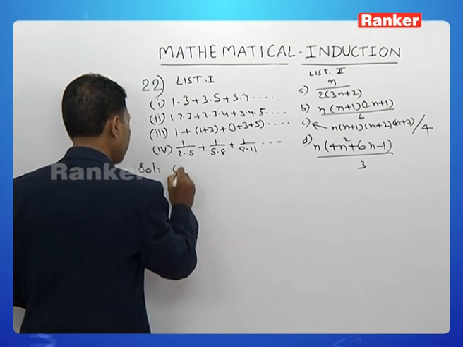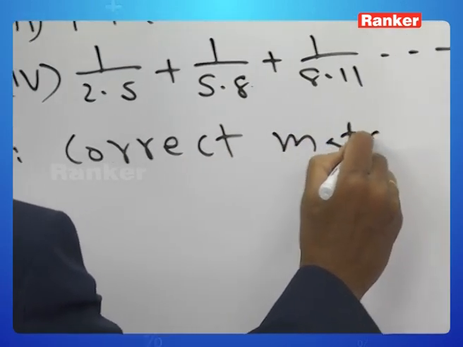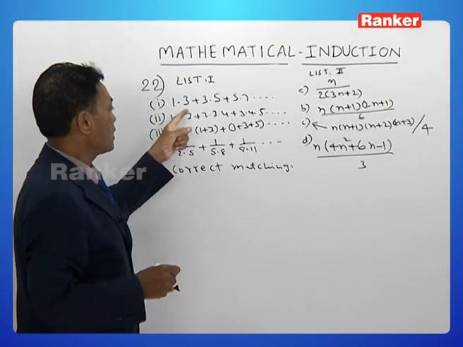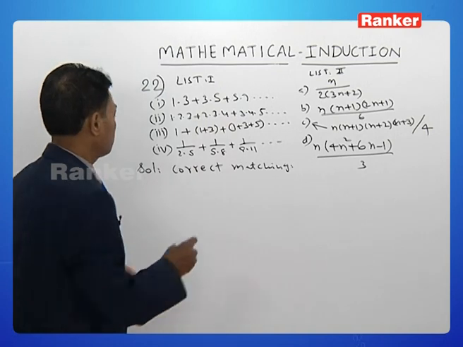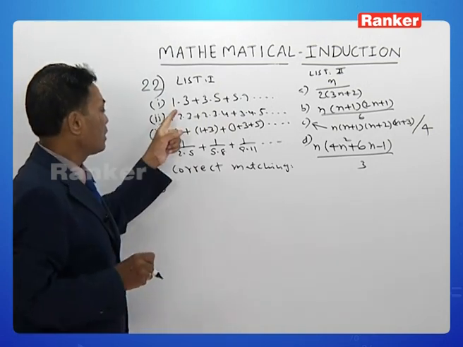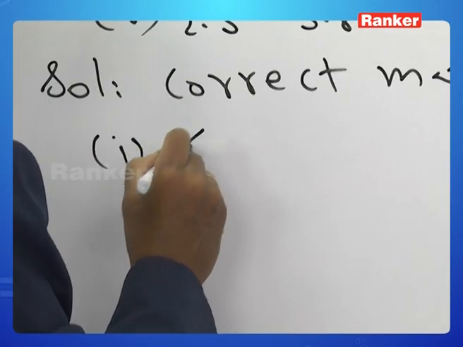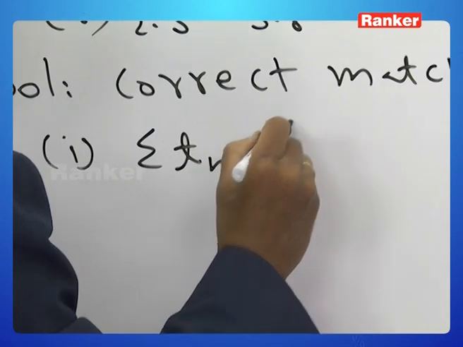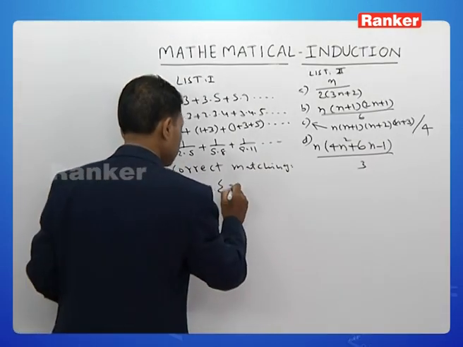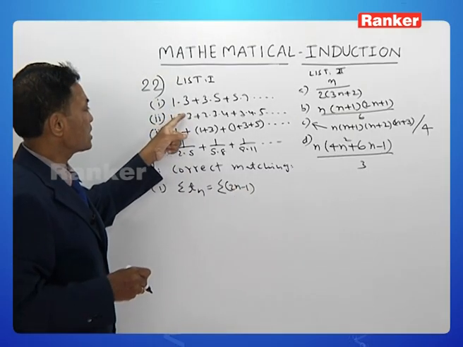So, I am trying for the correct matching from list 1 to list 2. First, 1 into 3, 3 into 5, 5 into 7, Roman number 1. If you observe this, 1, 3, 5, what is the nth term? 1, 3, 5 gives 2n minus 1, into 3 means 2n plus 1.